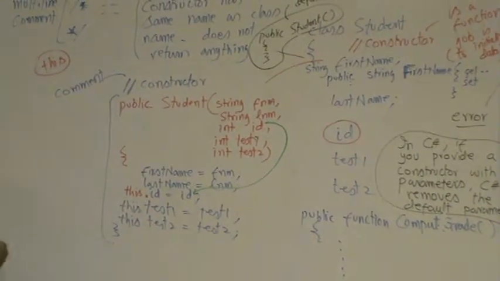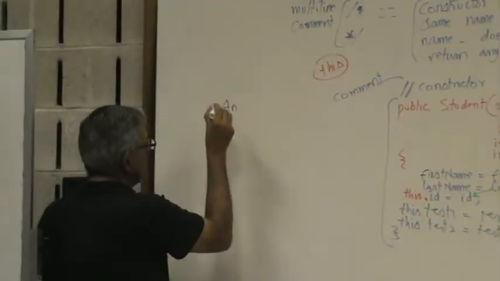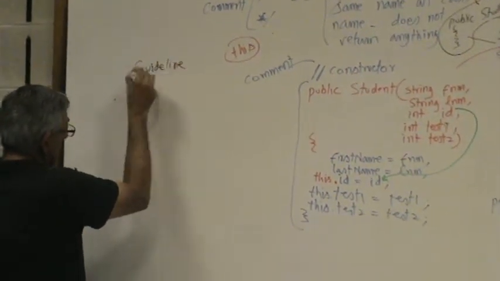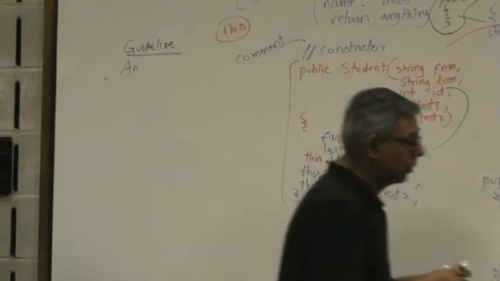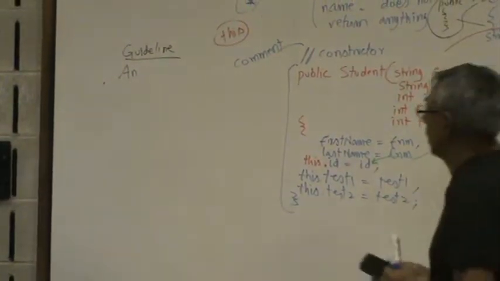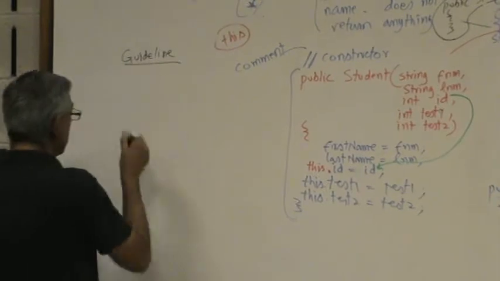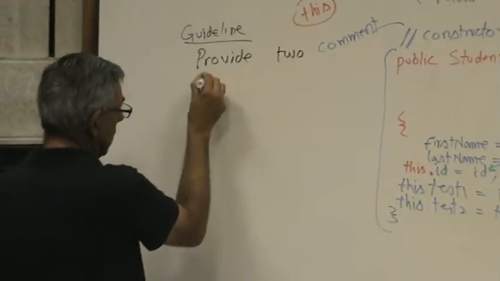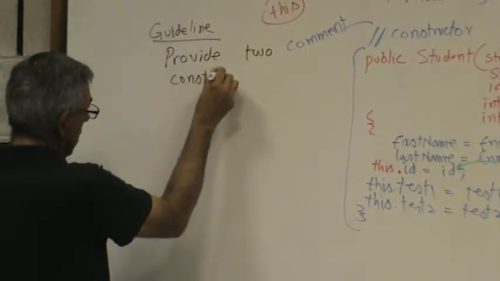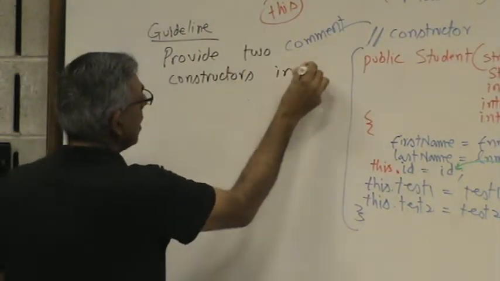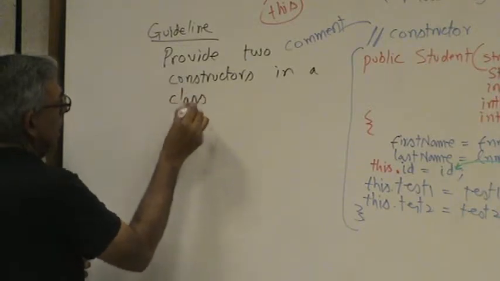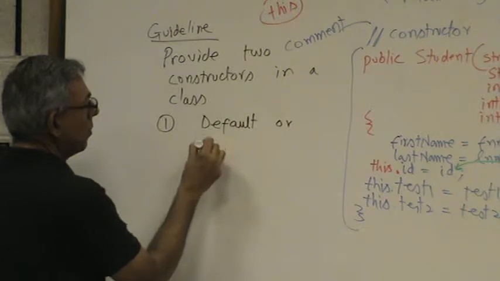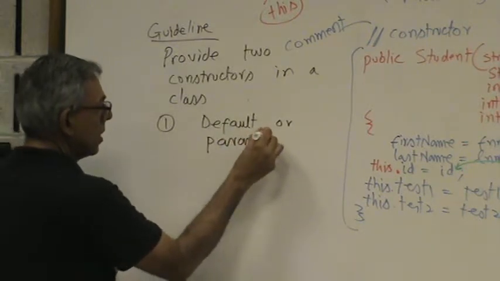So in short, as a general guideline, what you should do is you should always write 2 constructors. So provide 2 constructors in a class. One will be the default or parameterless constructor.